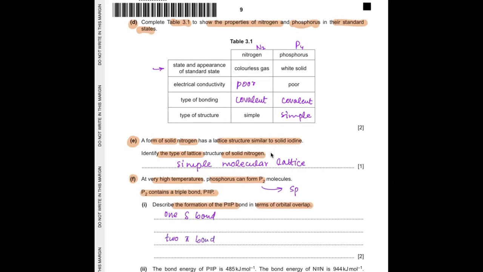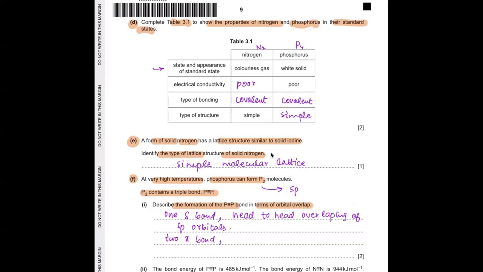So if there is sp hybridization, the sigma bond is always formed from the overlapping of the hybrid orbitals, and hybrid orbitals undergo direct, head-to-head overlapping. So one sigma bond is formed due to head-to-head overlapping of sp orbitals.